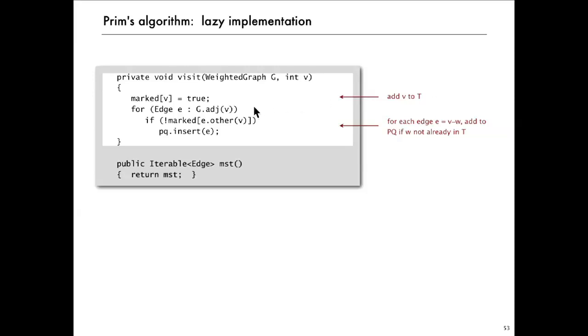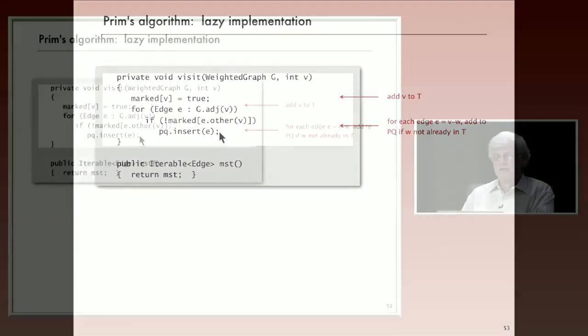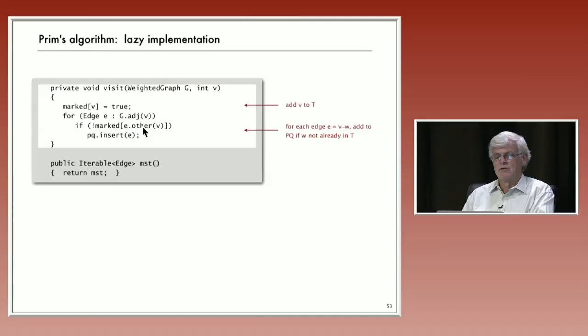And then for every edge that's adjacent to that, if its other endpoint is not marked, we're going to put it on the priority queue. So if it's an edge that goes from a tree vertex to a non-tree vertex, we put it on the priority queue. And then we have the client query method to get the MST once the MST is built.